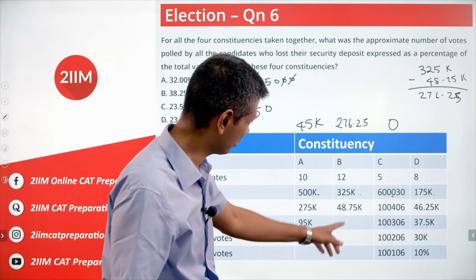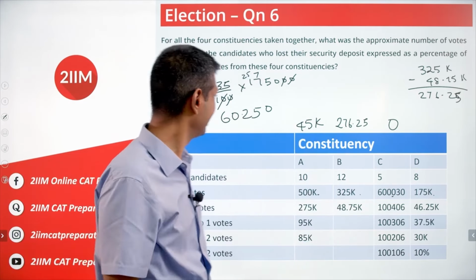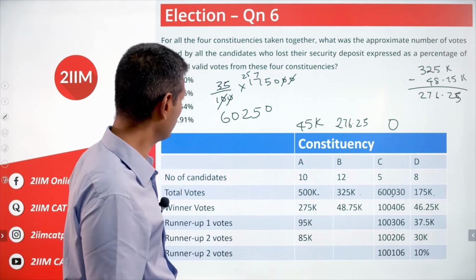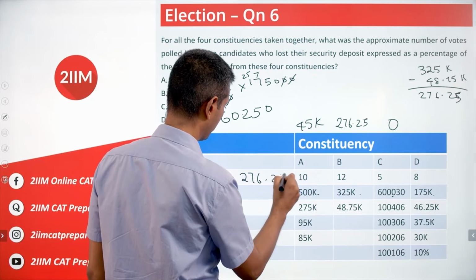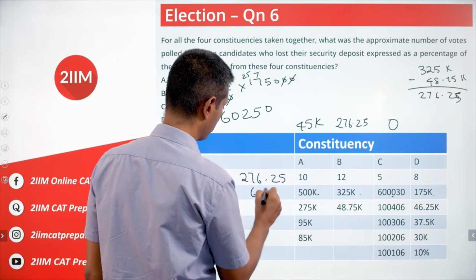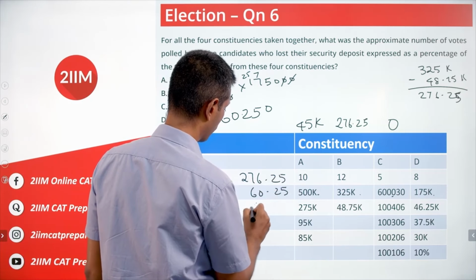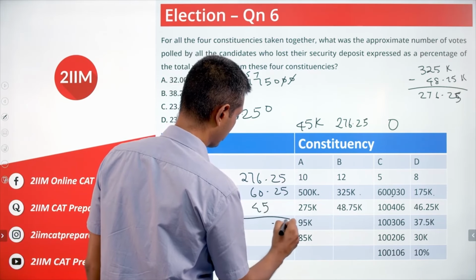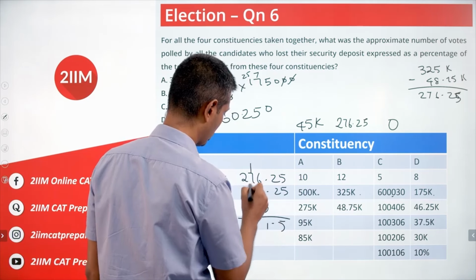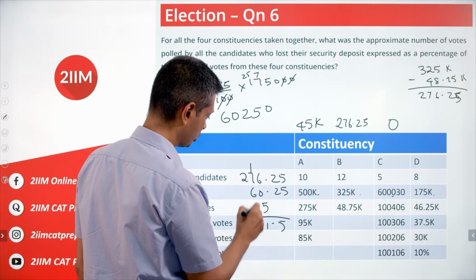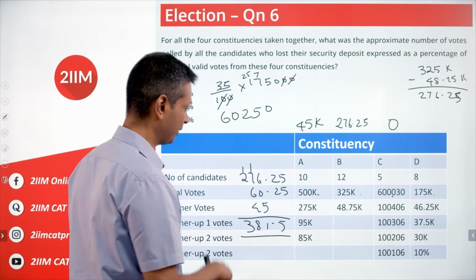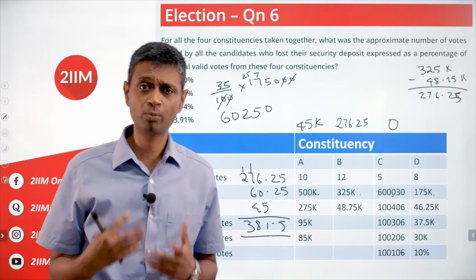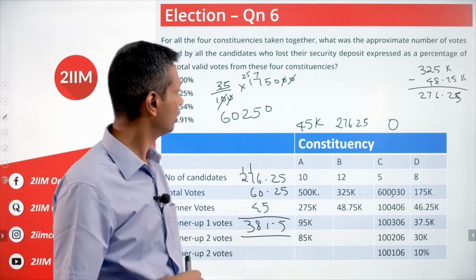This is the largest number, 276.25, and then 60.25, 45. I'm going to add these three numbers: 276.25, 60.25, 45. The 0.5 sitting here, 5 plus 6, 11, 1, 1, 8, 14, 18, 8, 1, 381.5. That is the total number of votes polled by guys who lost their deposit.